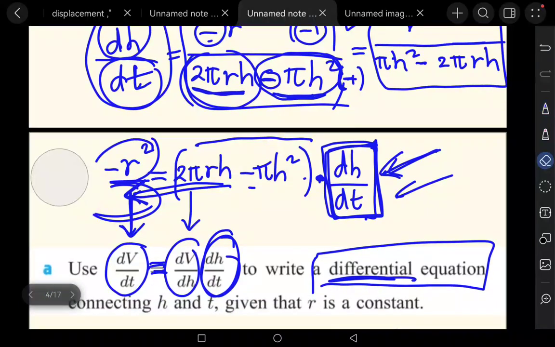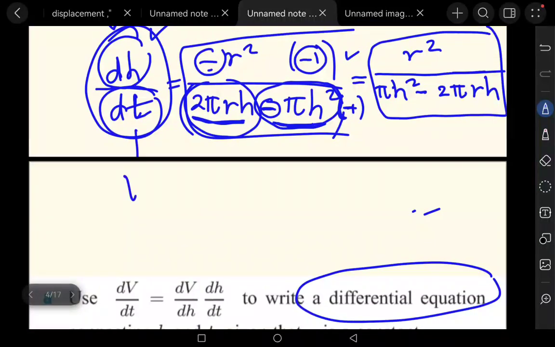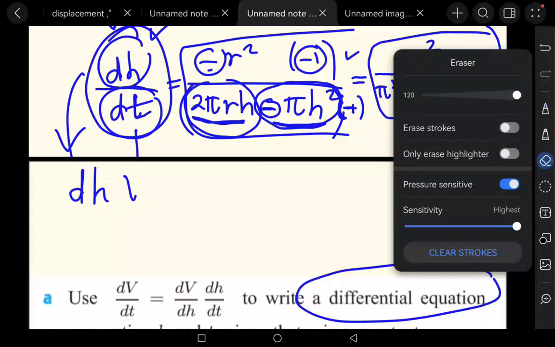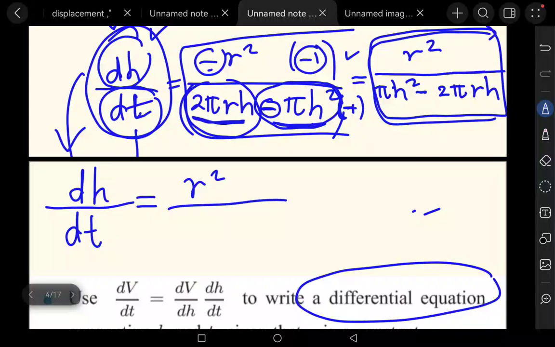So now we have a new differential equation: the derivative of h with respect to dt equals r squared over pi h squared minus 2 pi r h.